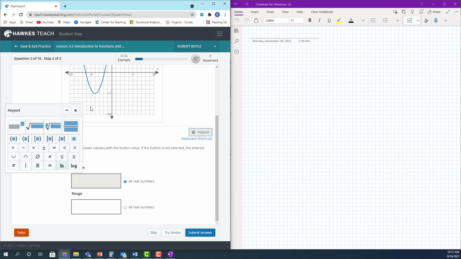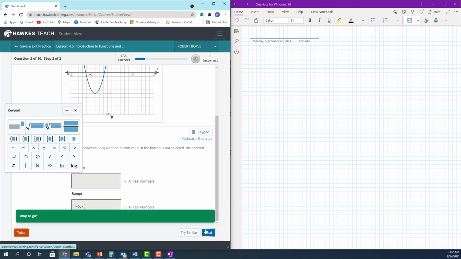Because remember, it's going to include negative 5, but we can never include infinity. So we're going to start at negative 5 with a bracket, and we're going to go all the way up to infinity. So you want to click this one right here. Then you can type in negative 5, comma, and then you can click on infinity right here, and that should be our answer. Whew, good, I'm glad that was right.